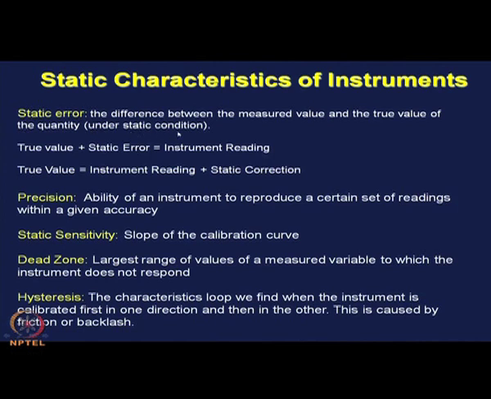And of course, we are talking about static characteristics, so under static condition. So, true value plus static error is actually what the instrument gives us as its reading. So, true value is instrument reading plus some correction factor which we call static correction.